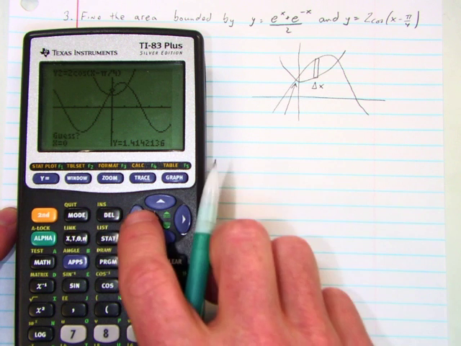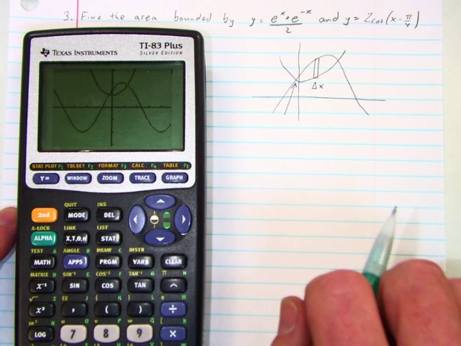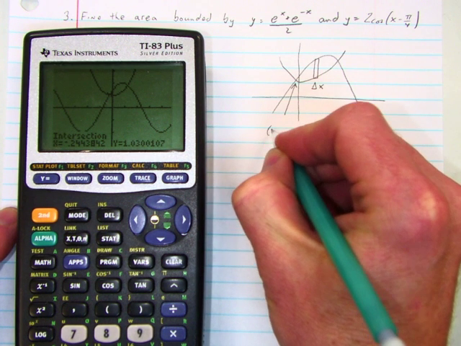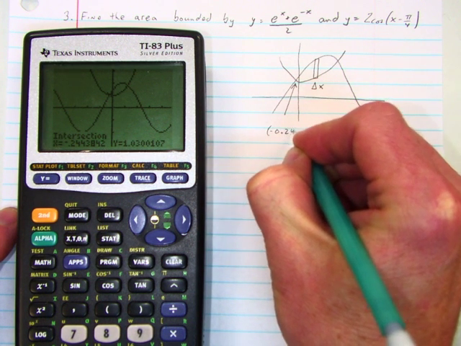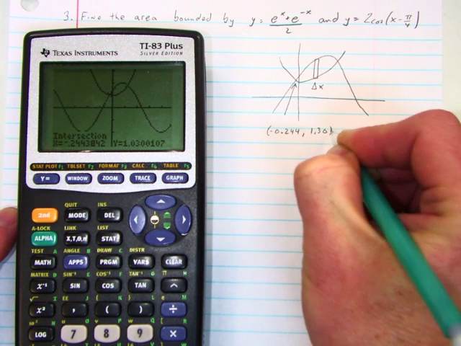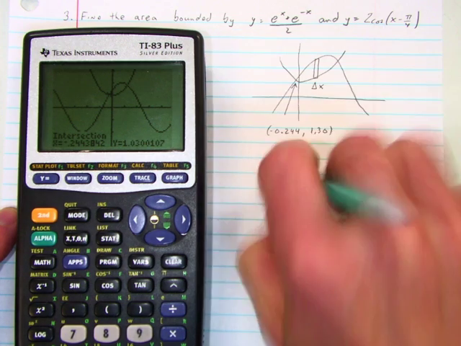Hit enter again, and move it a little close to the number, and we get this number that says negative 0.244, comma 1.030.